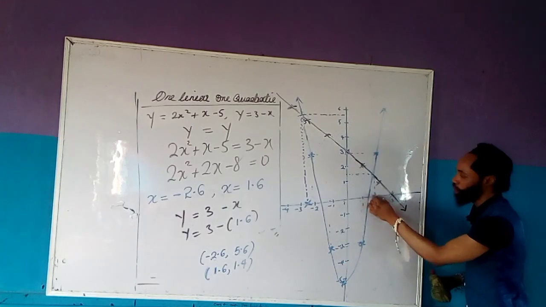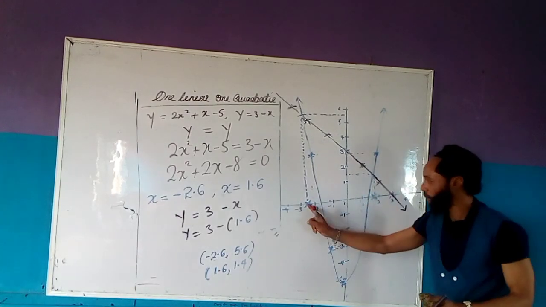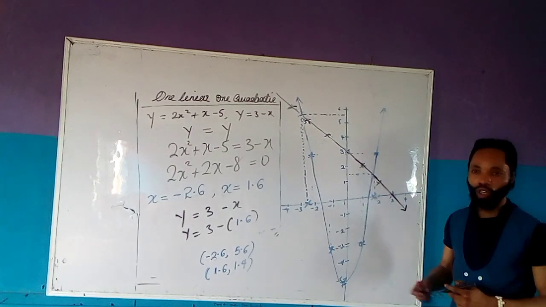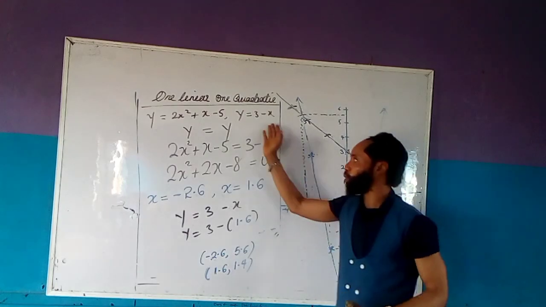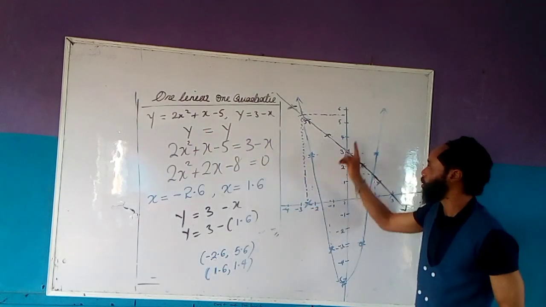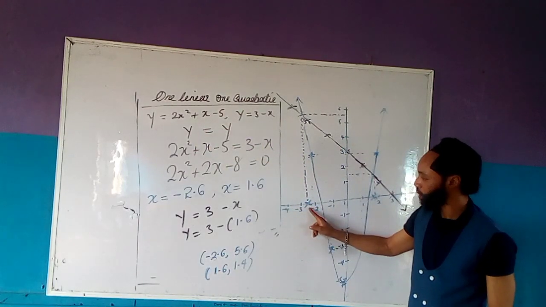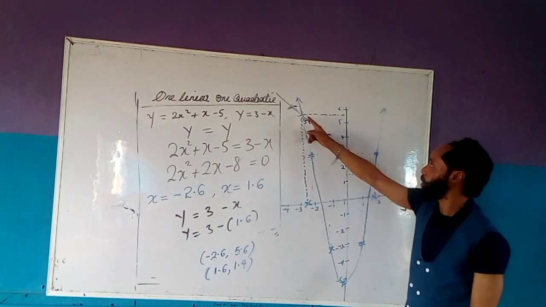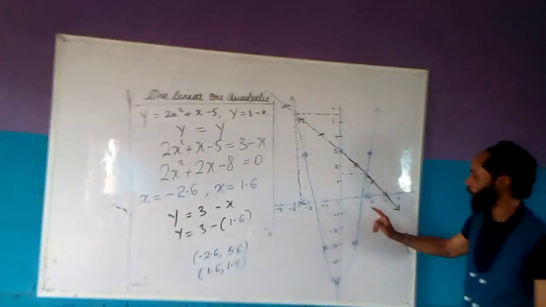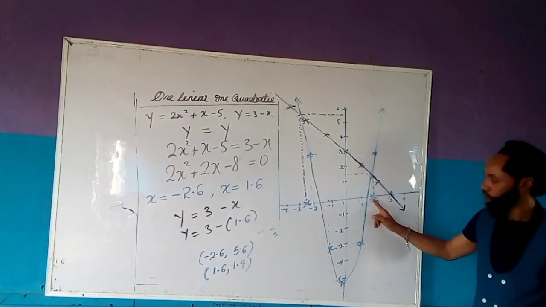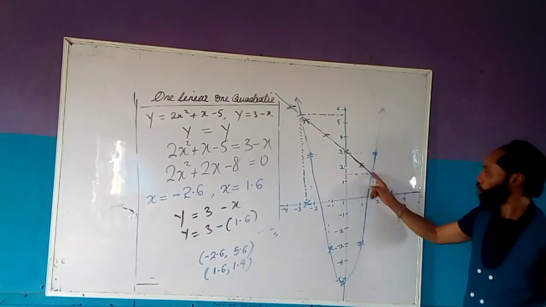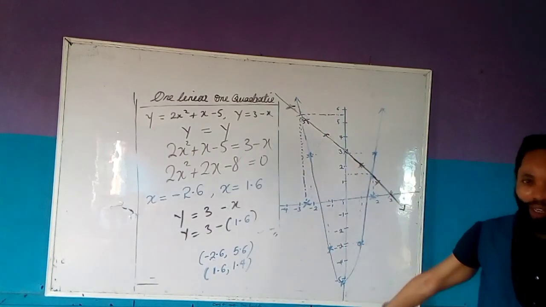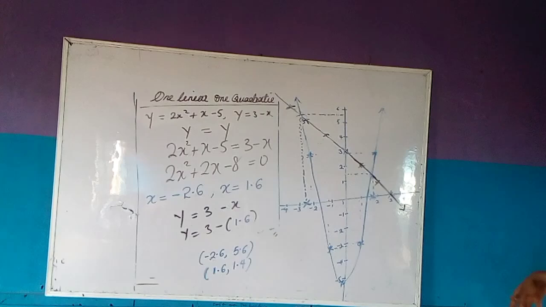So for the graphical illustration, we just mark this place and this place. So this is the solution of the equation that we're given. When x equals negative 2.6, y is 5.6. When x is 1.6, y is 1.4. And so this is the graphical illustration for that expression.